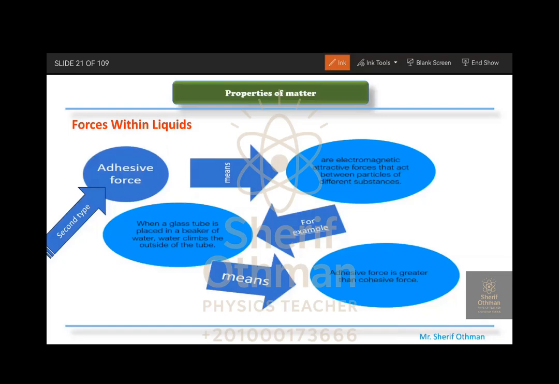Adhesive force is the second type of attraction force within fluids, which is electromagnetic attractive forces that act between particles of different substances. The adhesive force is responsible for a phenomenon called the capillary phenomenon.